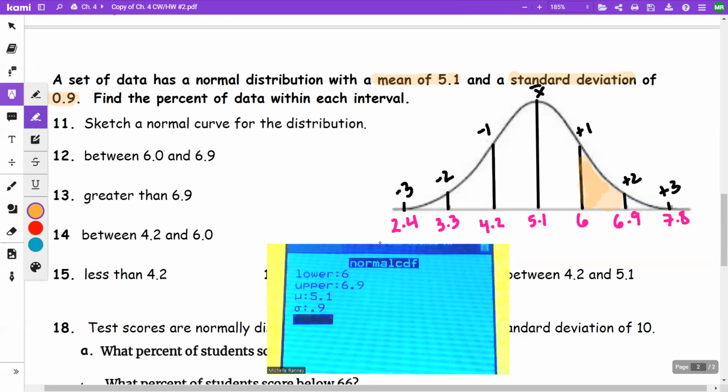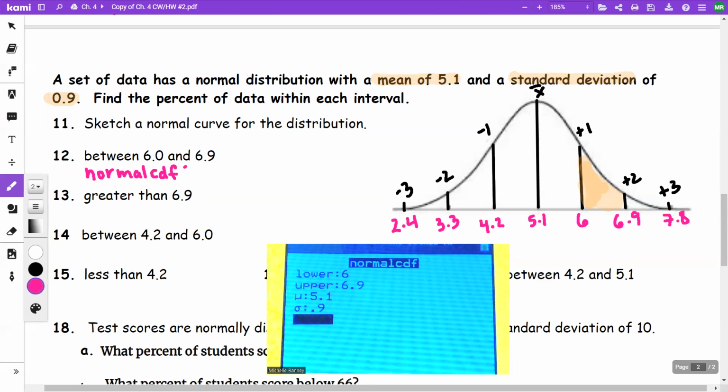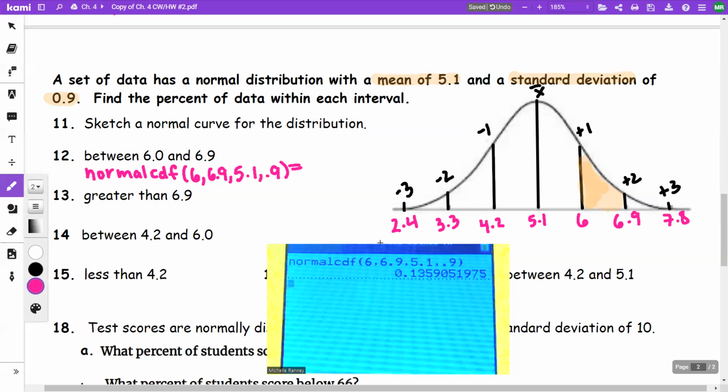So I typed in normal CDF of 6, 6.9, mean of 5.1, standard deviation of 0.9. And my answer is 0.1359. So 13.59%.